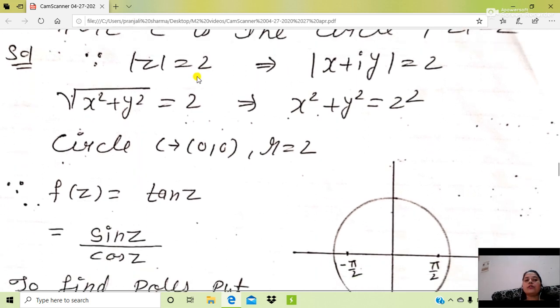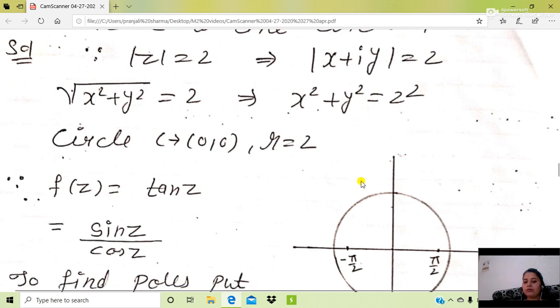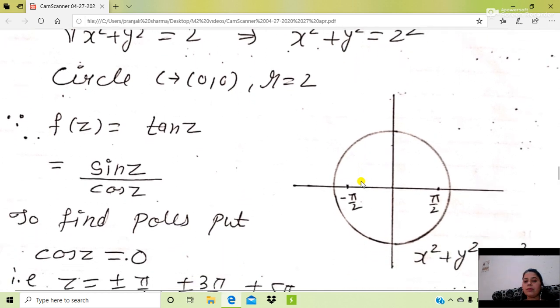Since mod z is equal to 2, in place of z we can put mod of x plus iy is equal to 2. By mod formula, it is root of x square plus y square is equal to 2, and on squaring both the sides, it will be x square plus y square is equal to 2 square, which is a circle whose center is (0, 0) and radius is 2. So here is our circle.